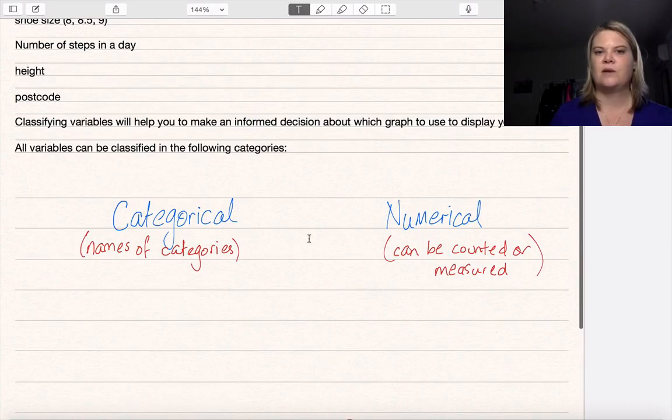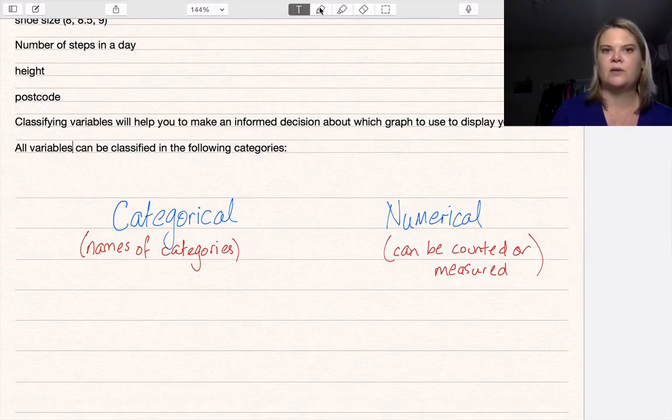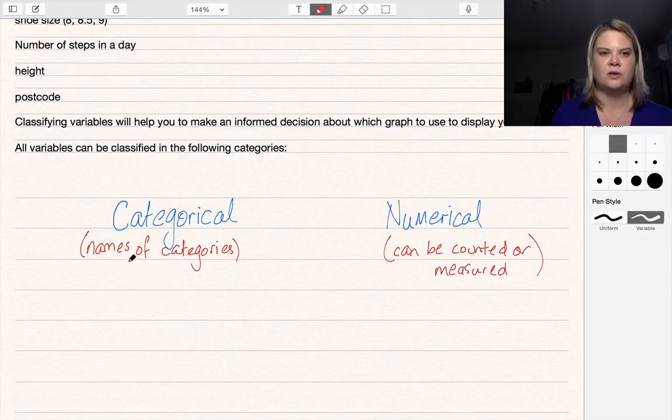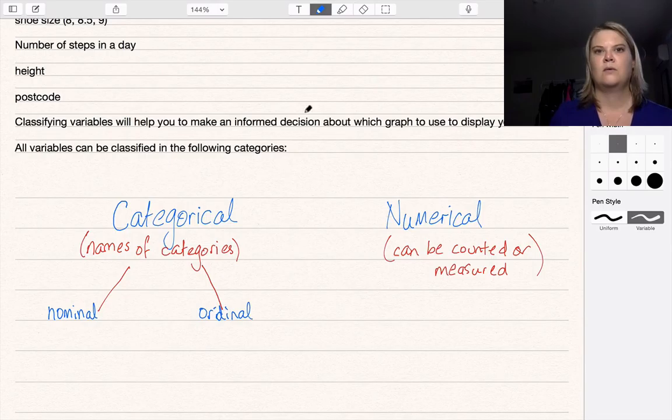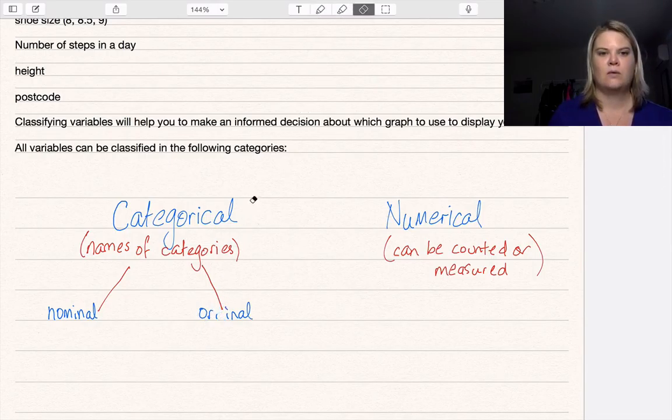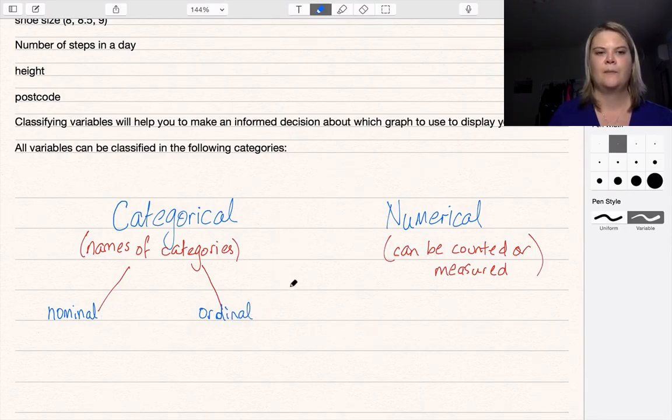Once you've decided whether you've got a categorical or numerical variable, you can further break these up. The categorical variable can be broken up into two further categories, either nominal or ordinal data.